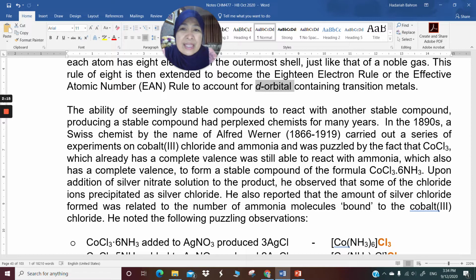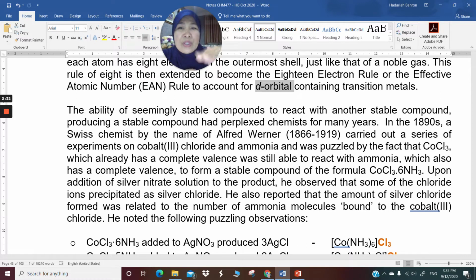So if you start getting s, p, and d in one shell, to fully fill all the orbitals, you need 18 electrons.